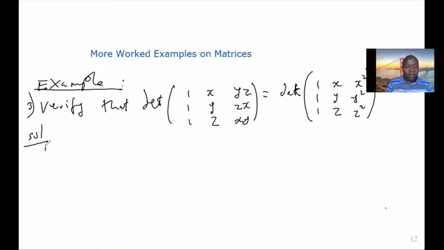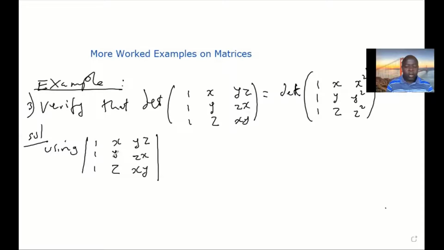So using the left side, the determinant of 1, 1, 1, x, y, z, yz, zx, and xy, I want to multiply this row by x, this row by y, and this row by z.